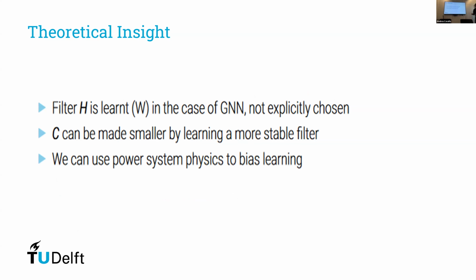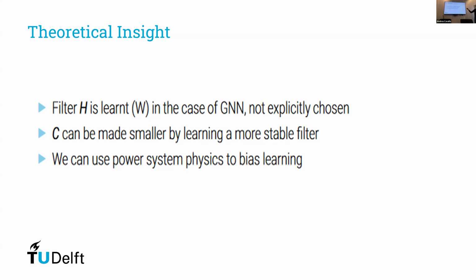Like I mentioned before, the filter in the case of a GNN is learned. So the filter is not explicitly designed like in the case of a linear graph filter, where you can choose the filter that you want. The filter in this case is given by the weight matrix of your GNN.